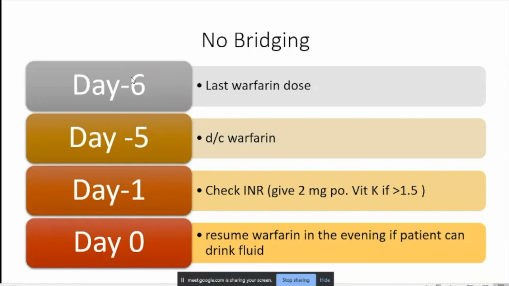Day -5, we discontinue the warfarin, same as bridging. Now, day -1, we check the INR and we give 2 milligrams of oral vitamin K if it is above 1.5, same as bridging. The only difference is that we are not starting anything on day -3. We are not starting the unfractionated heparin, or reducing the low molecular weight heparin dose, anything.